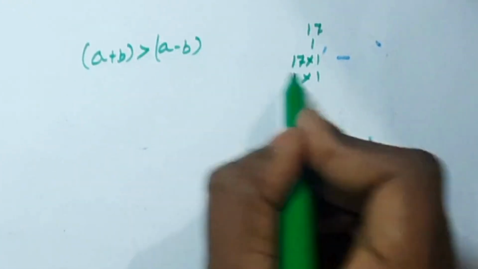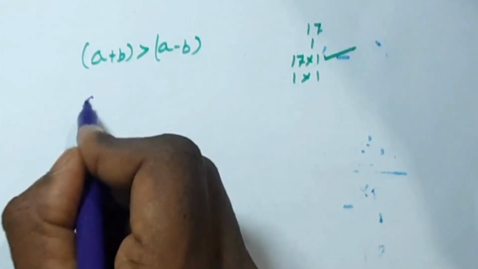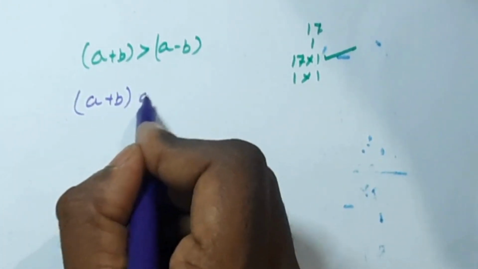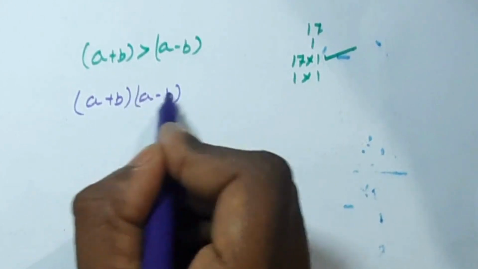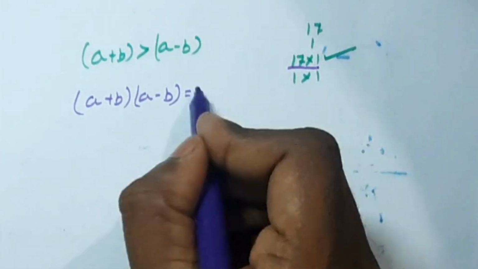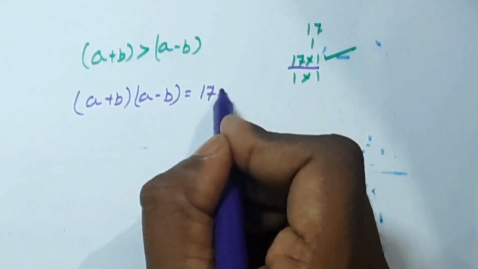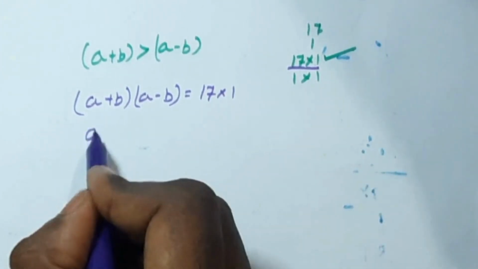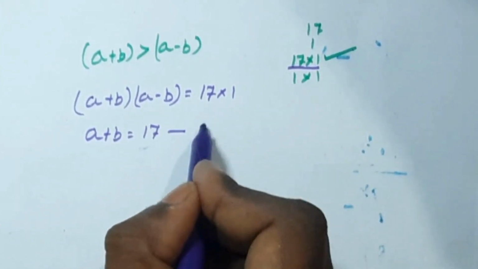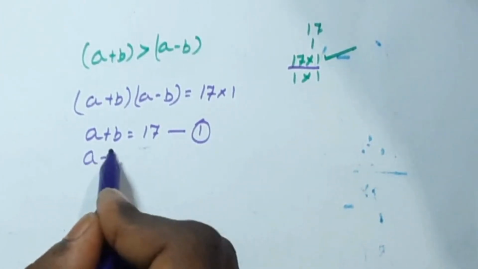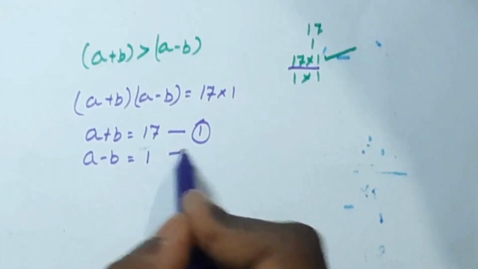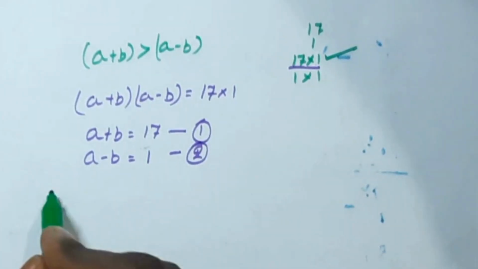So, we are going to consider a plus b times a minus b equal to 17 written as this factor, so 17 into 1. A plus b equal to 17 is equation 1. Same way, a minus b equal to 1 is equation 2.